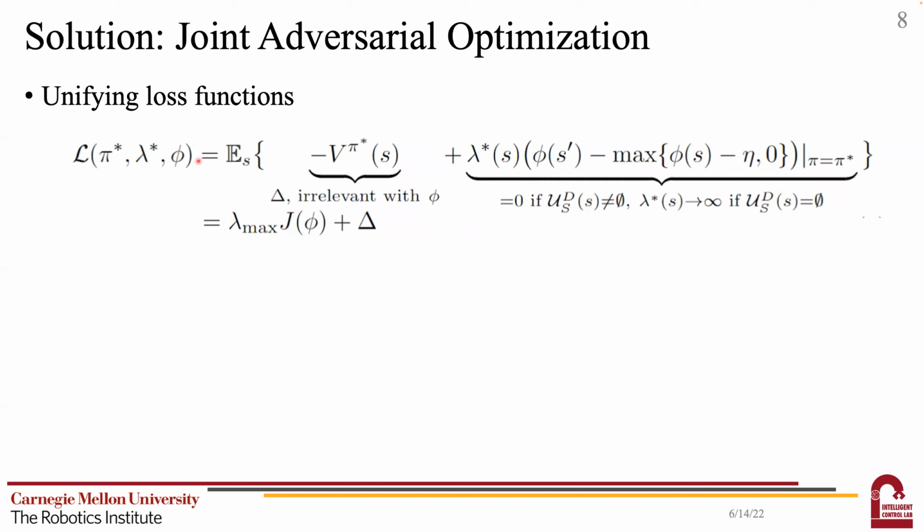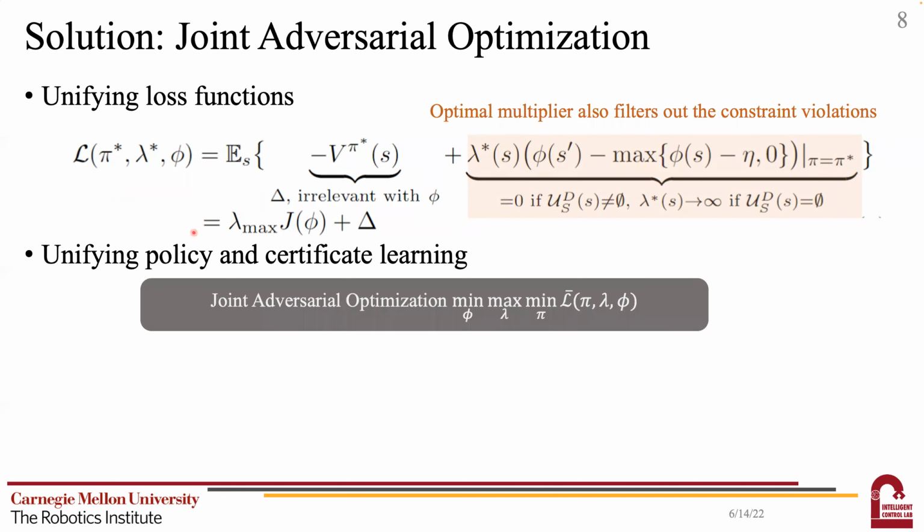We prove that in the policy loss function, if we have the optimal safe policy and optimal multiplier pair, this optimal multiplier also filters out the constraint violation terms, just like what we did in formalizing the safety certificate loss functions. Therefore, we get these linear correlations between the two loss function terms. Therefore, if we further use the envelope theorem, we can unify the policy and certificate learning in this joint adversarial optimization procedure.